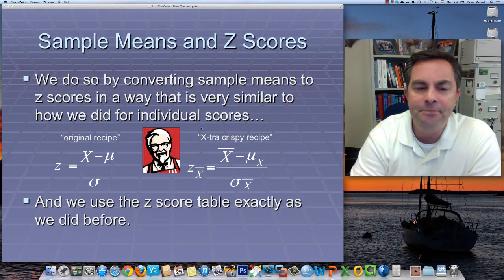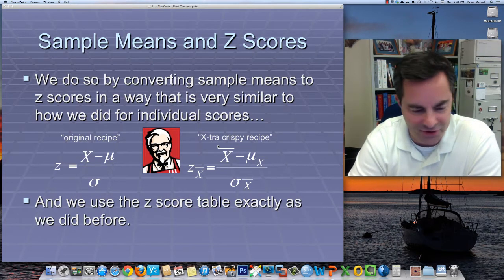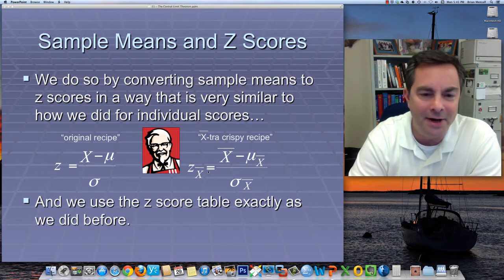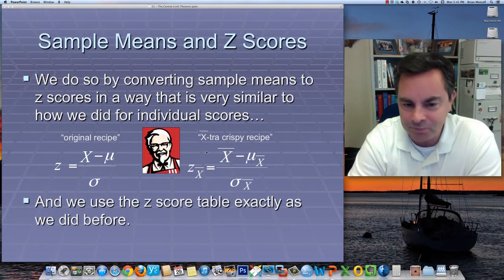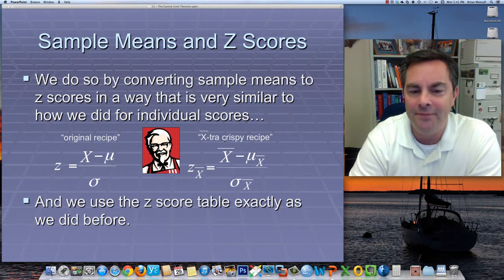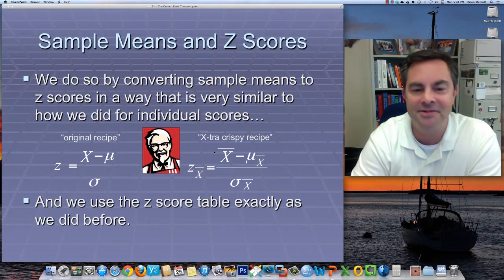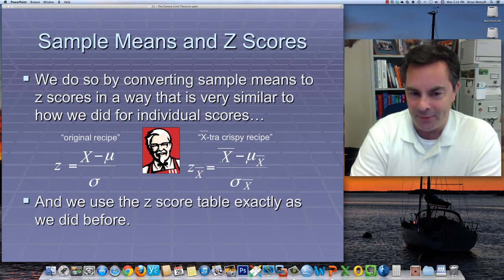Your book isn't going to call it these crazy names, so don't expect to find it there, but now that we've turned our attention to sampling means, we're going to be dealing with a sample mean, an x bar, instead of just an individual raw score x. So we have to modify this z-score formula ever so slightly.